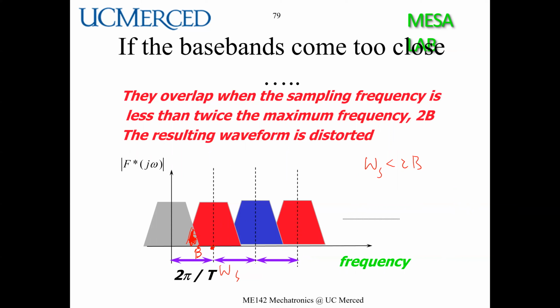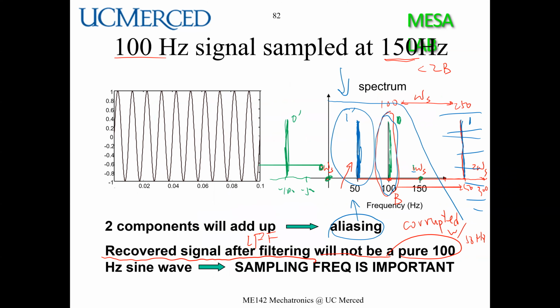You cannot come back. It got distorted. So I hope at this point you have a firm understanding of the consequence of not sampling fast enough, not only mathematically, but also graphically.